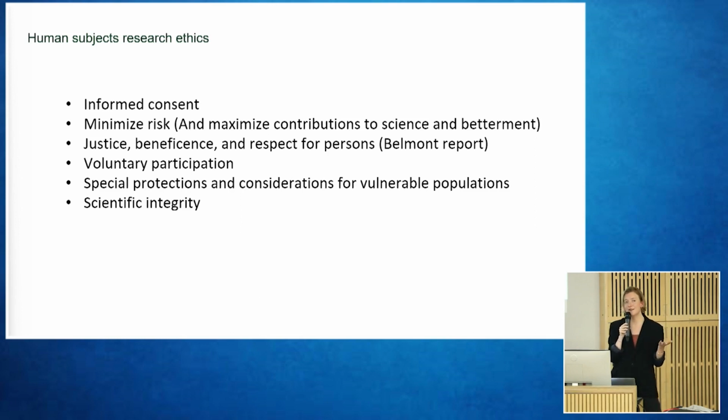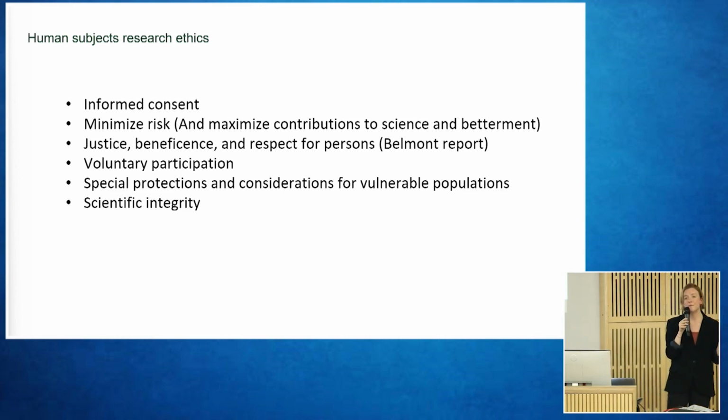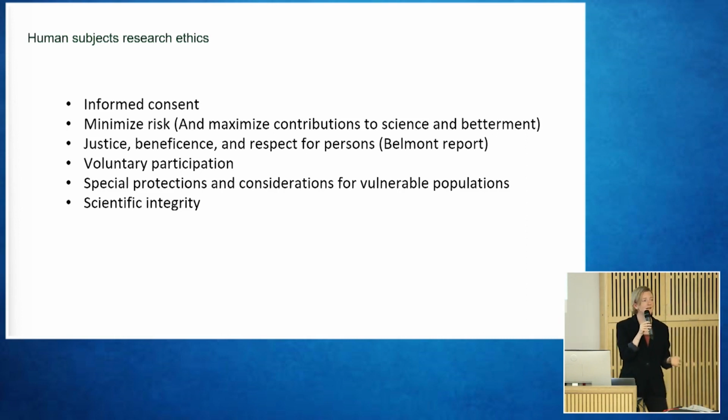All of this has to be voluntary, which I think is pretty straightforward. There's also special protections for vulnerable populations, and that includes pregnant women, prisoners, children, varying literacy levels. So part of the ethical consideration is really about your study population and who you're going to be working with, and this also relates back to risk.